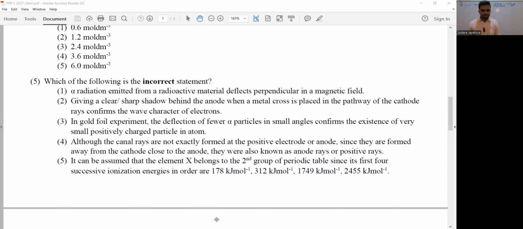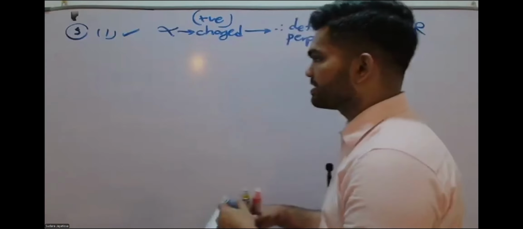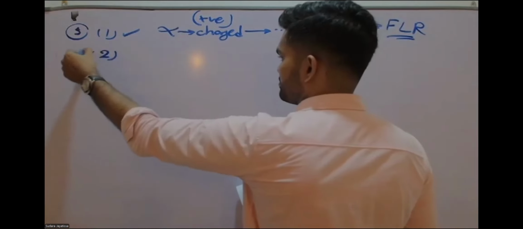Ayuri, Ilma, yeah, very good. Good. Article is also telling. Yeah, very good. So they are telling you about the straight line movement of cathode rays, not the wave character. So that's why our second answer is wrong.